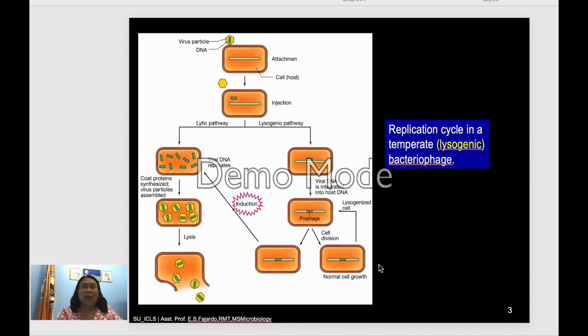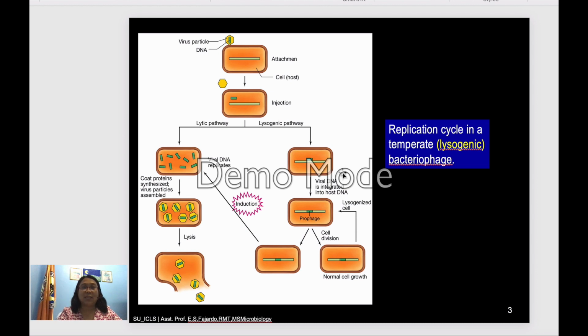Whereas in the lysogenic cycle, the host is not affected. Why? Because in the lysogenic cycle, after the entry of the nucleic acid inside the host bacteria, it is spliced or inserted into the genetic material of the host.